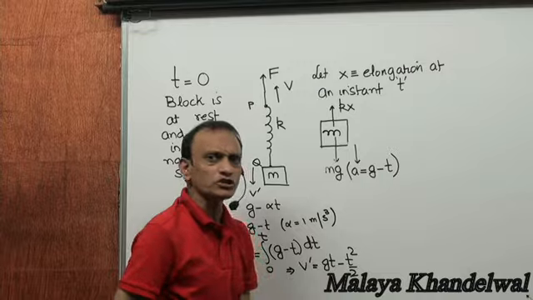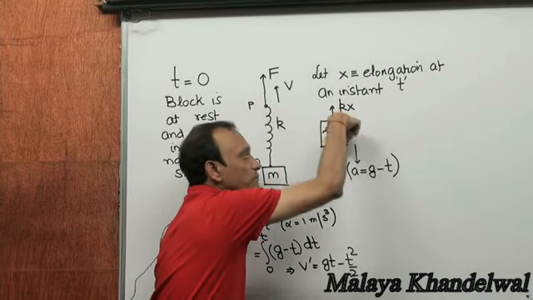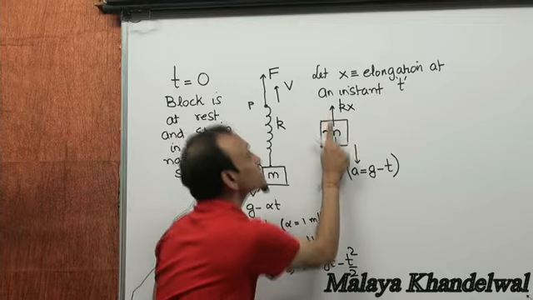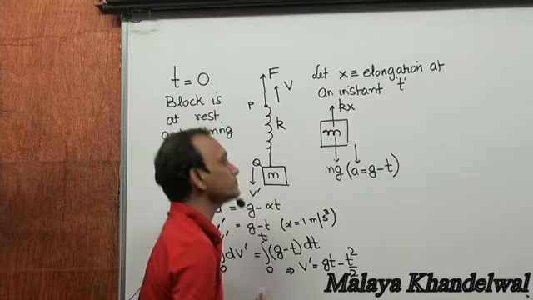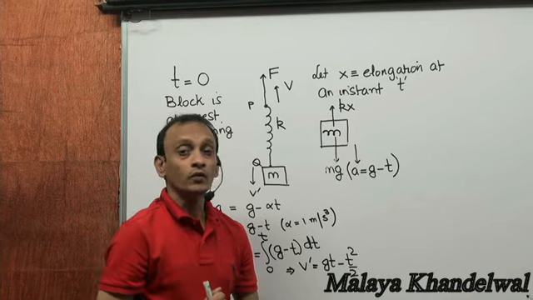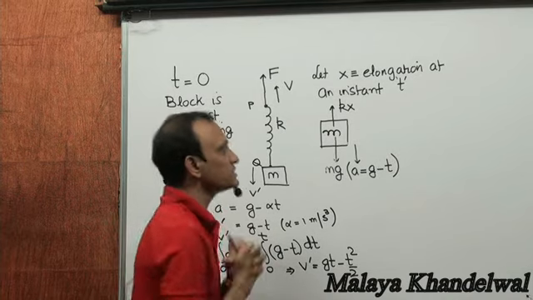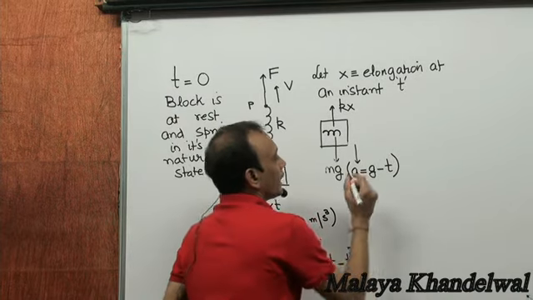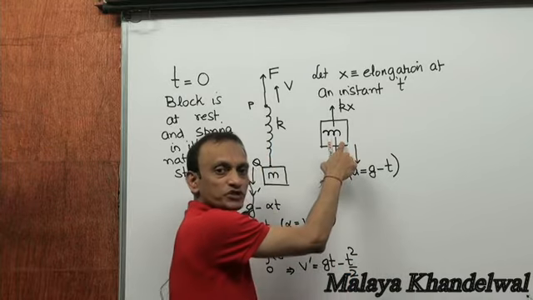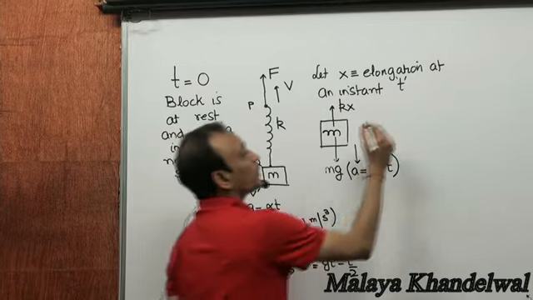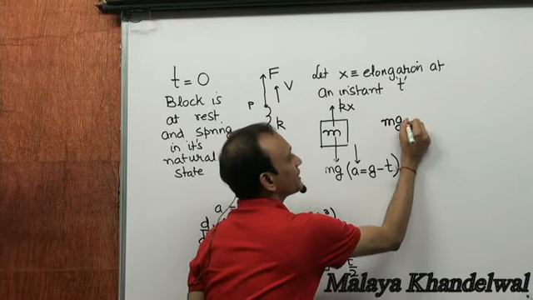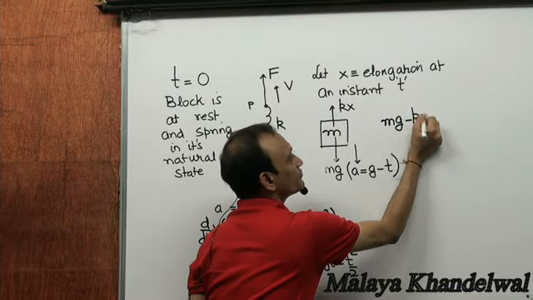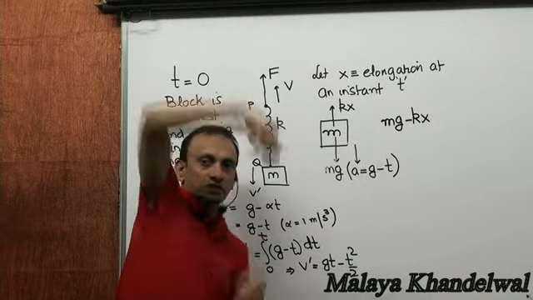What are the forces acting on the mass m? There is mg downwards, there is kx upwards. Now, given this, let me write down the equation of motion of this mass m. It is mg minus kx, the net downward force, since the spring force is kx upwards.